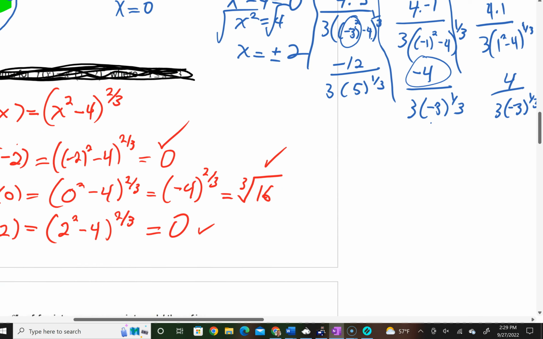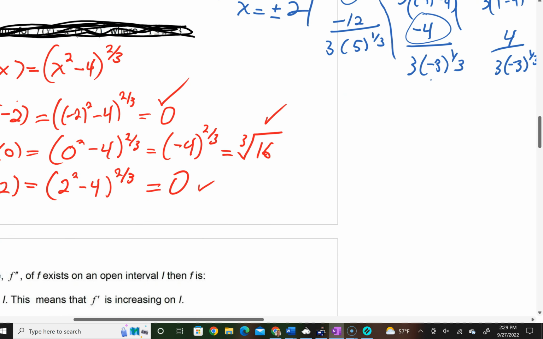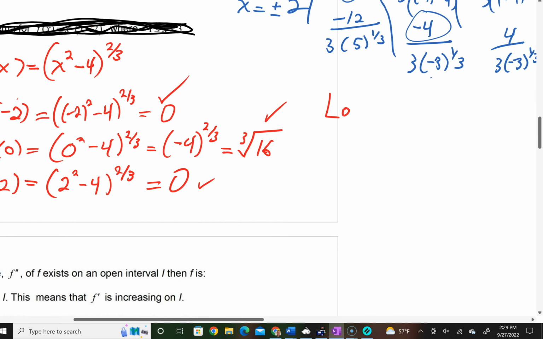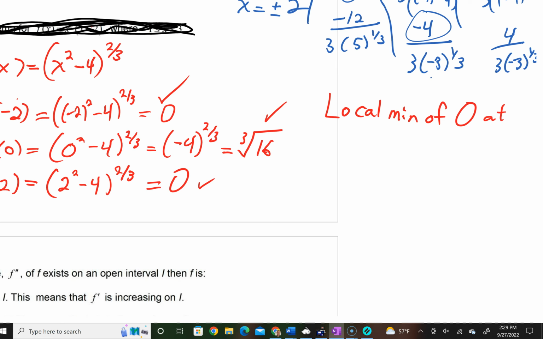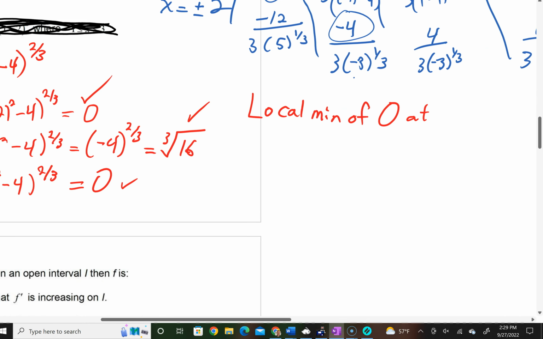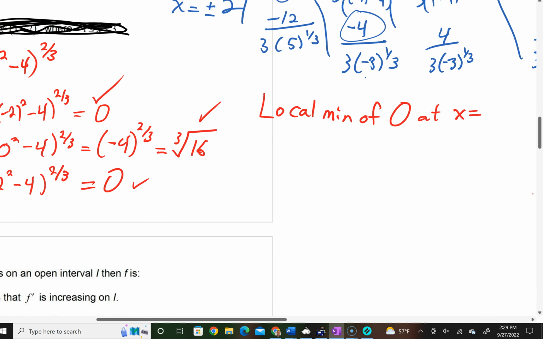Here's what we're going to do to justify it. We're going to say there's a local min of 0 at, well, there were 2 x values. Tell you what, we could even streamline it. We could say x equals plus or minus 2.